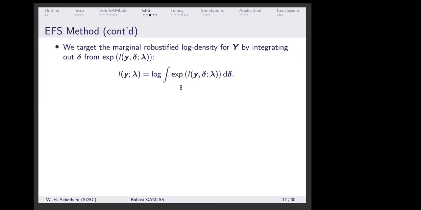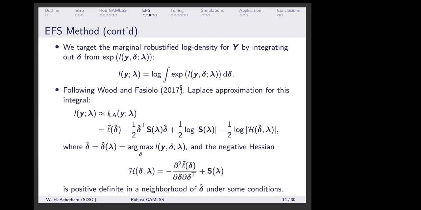Here we are following the development in the paper by Simon Wood and Matteo Fasiolo. We're using Laplace's method. It's probably one of the simplest approximations you can think of. It is essentially a second order Taylor expansion of the log integrand here, and we're taking the expansion about a global maximizer.